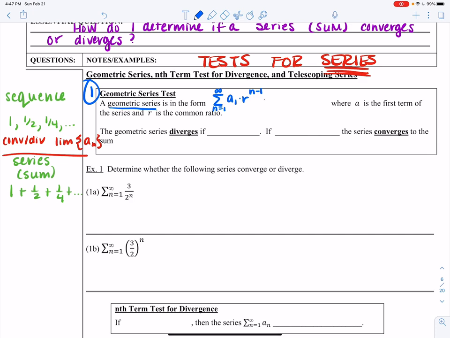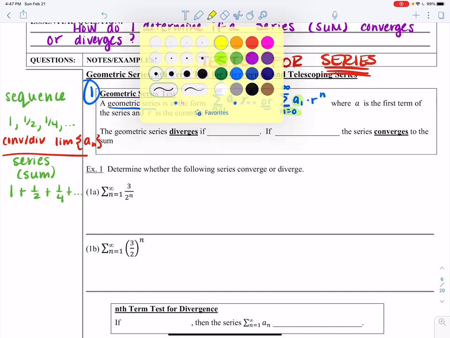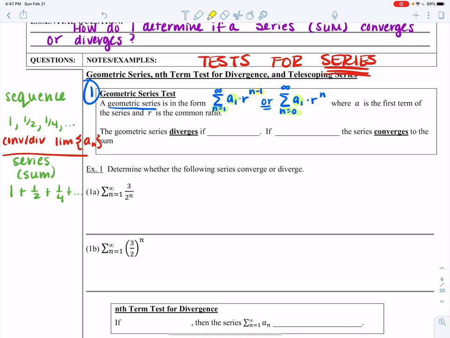It can also follow the sum from n equals 0 to infinity, a sub 1 times r to the n. So what's the difference? Here we see the indexing starting at 1. Here we see the indexing starting at 0. The a sub 1 is the same in both of these. So both of these are geometric formats. I don't want you to get thrown off by this, but basically you could see an exponent of n minus 1 or an exponent of n.